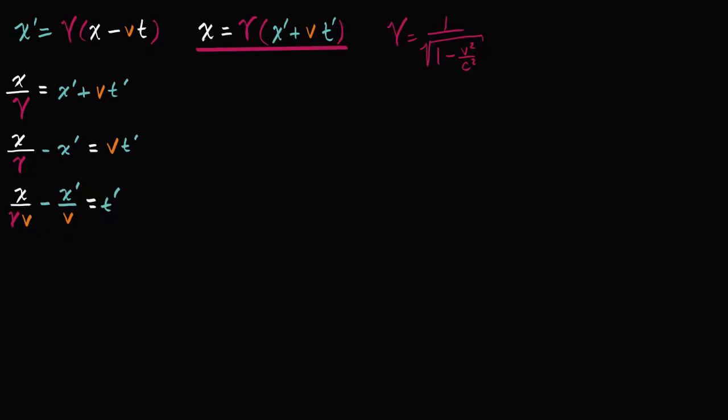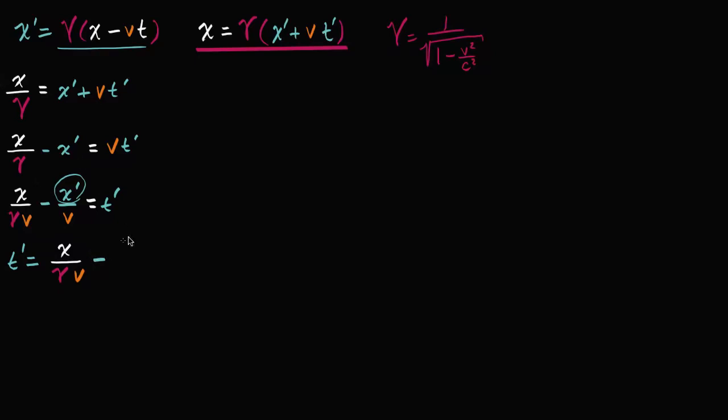So if we take this and substitute it in for x prime, and actually let me swap sides too, we are going to get t prime is equal to x over gamma, let me do the gamma in that red color, over gamma times v minus this stuff.